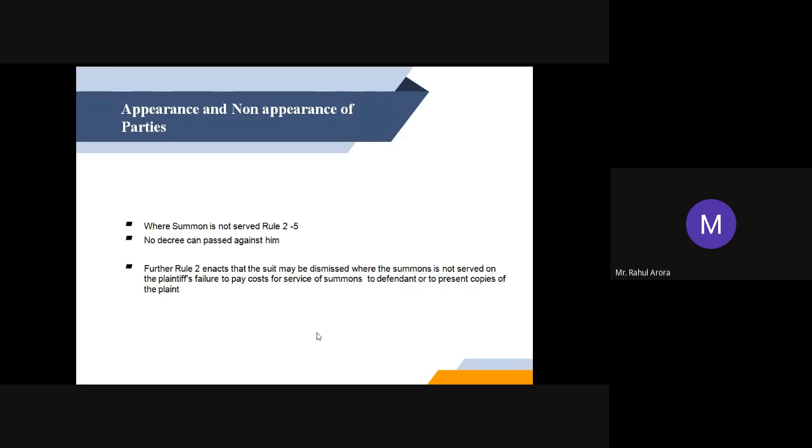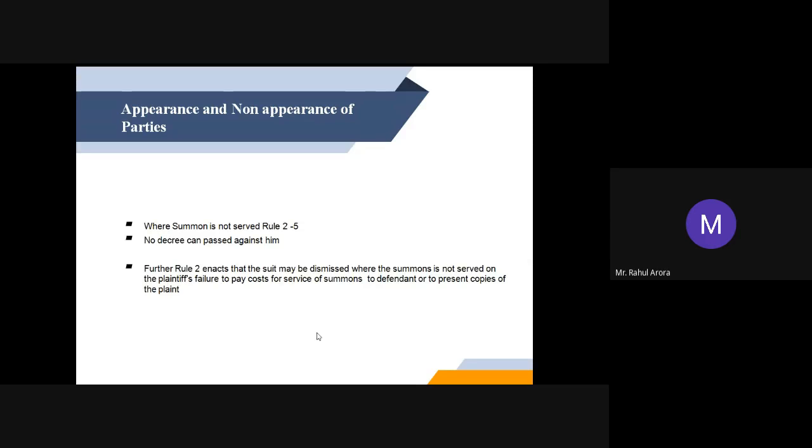So where the summons has not been served, then what would be its repercussion or its consequence? The consequence would be that no decree can be passed against him. Further, Rule 2 enacts that the suit may be dismissed where the summons is not served on the plaintiff's failure to pay cost for service of the summons to defendant or to present copies of the plaint.